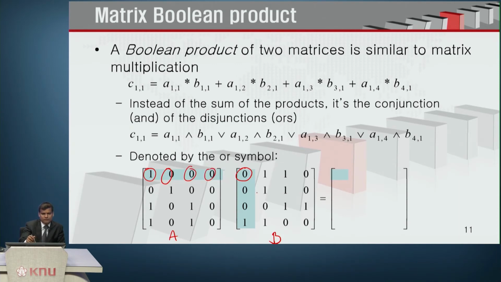Likewise, you have B11, then B21, B31, and then again B41. So taking all these things, you can perform the operation on each and every element, and go ahead and find the final value of C11.